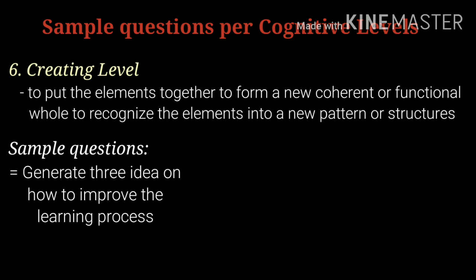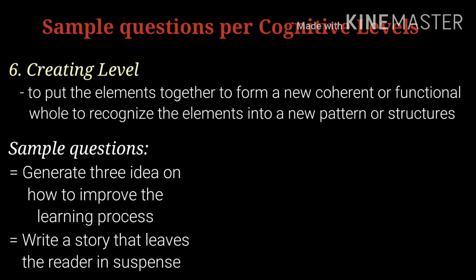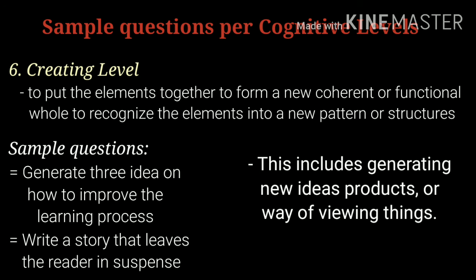Number two question is, write a story that leaves the reader in suspense. So this level belongs to the cognitive level because this includes generating new ideas, products, or ways of viewing things. So that's the end of my vlog.